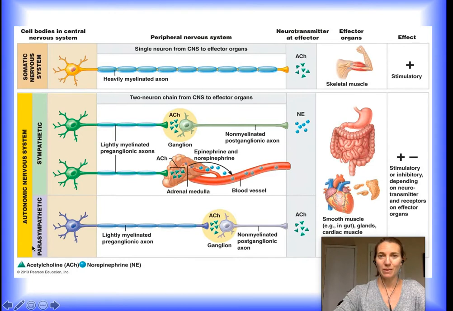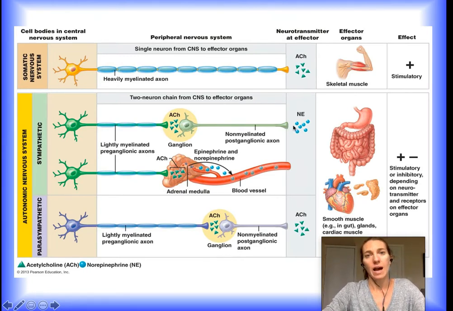Here's parasympathetic, rest and digest, if you will. And here is the preganglionic axon on the sympathetic side, and it's releasing acetylcholine. On the postganglionic axon of the sympathetic nervous system, we almost always see norepinephrine released.